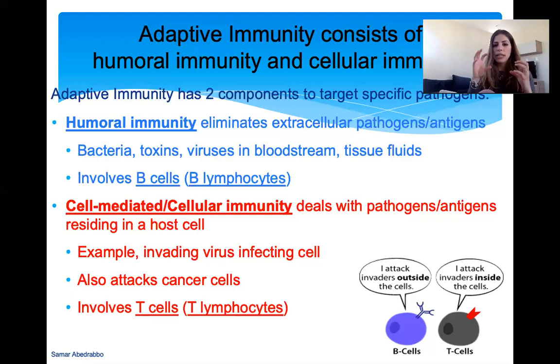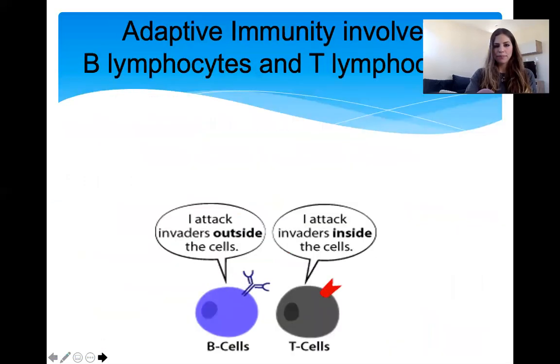And adaptive immunity also has cellular immunity, which has T cells that protect you against intracellular pathogens, or pathogens that infect inside cells, or cancer cells. So keep that in mind as we go through the lecture, because we're going to give a lot of detail on humoral immunity and cellular immunity.